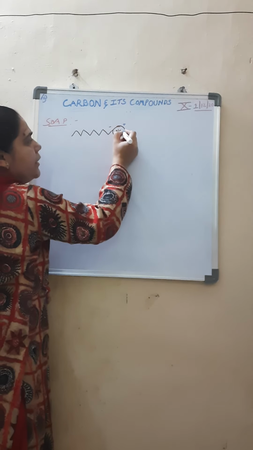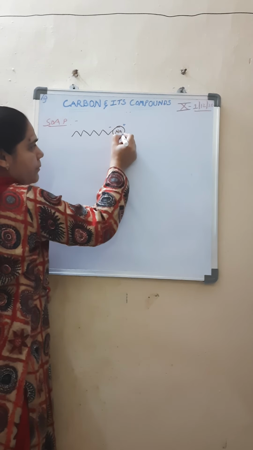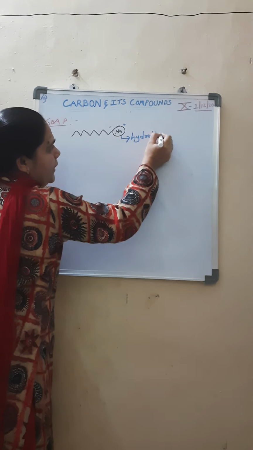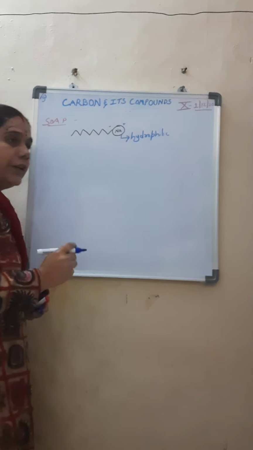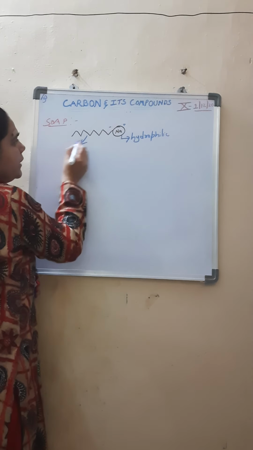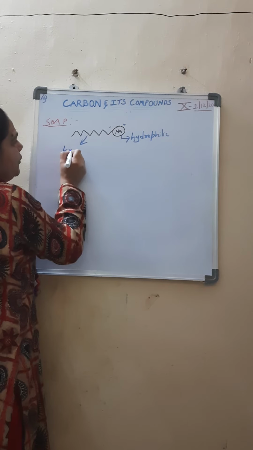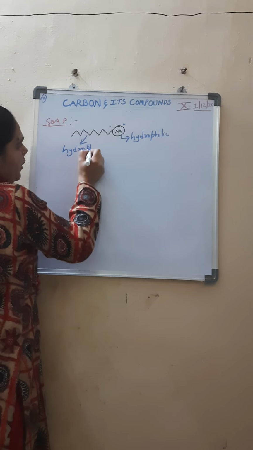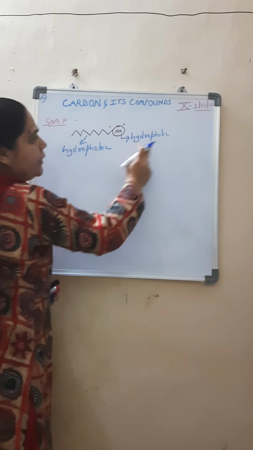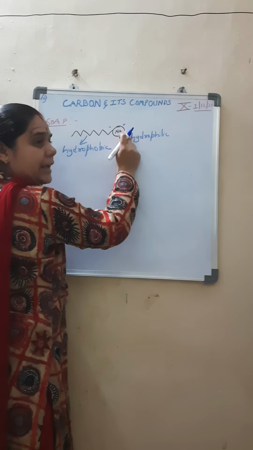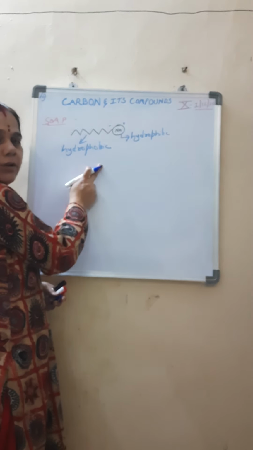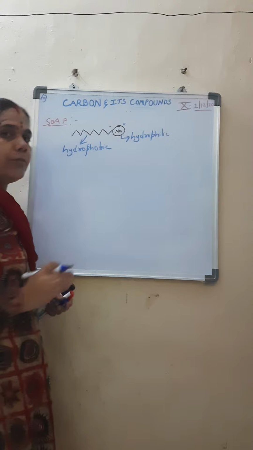Now this sodium ion part is called hydrophilic, whereas this carboxylic chain, the non-ionic part, is called hydrophobic. I hope by the terms themselves you must have understood what they mean. Hydrophilic means having a liking towards water. Hydrophobic means not having a liking towards water and preferring to move away from water.